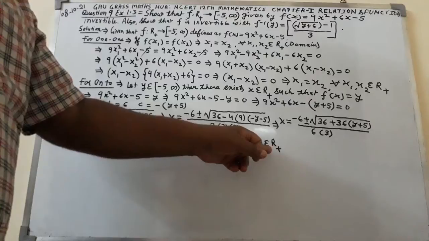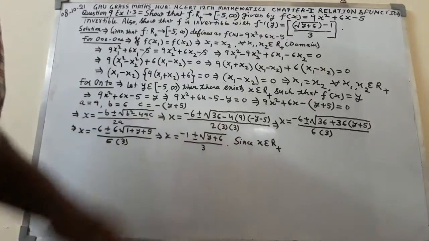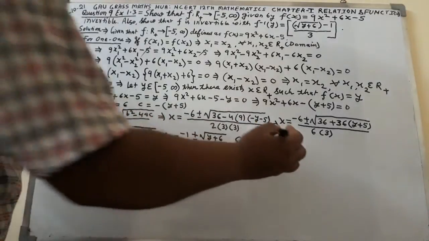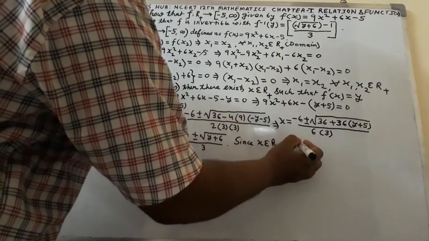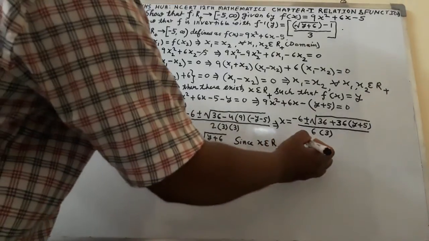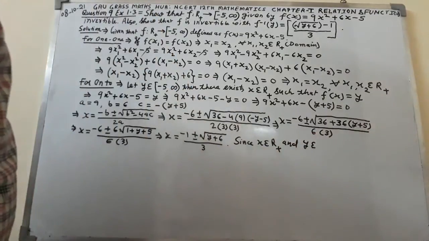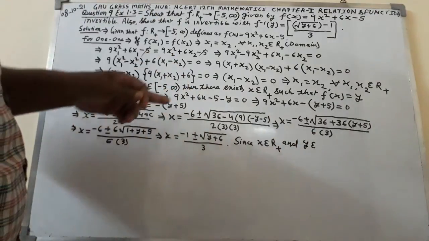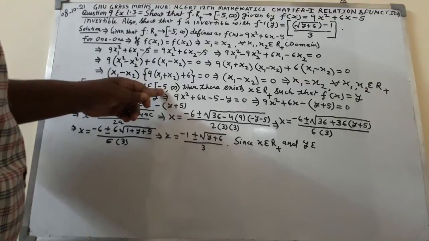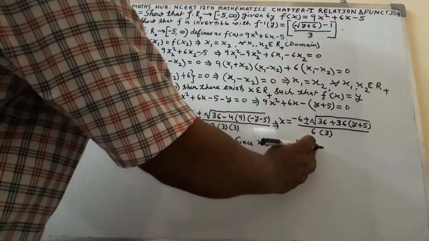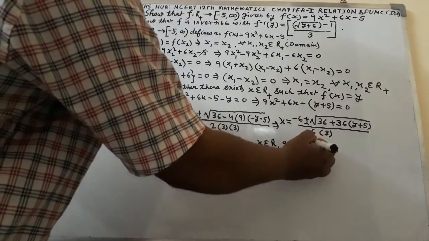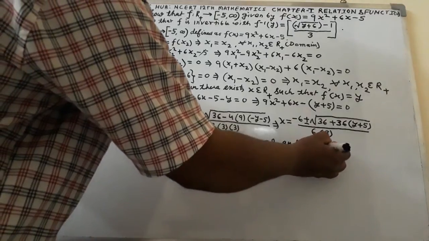So value of x must always be positive. And y belong to, from this place, value of y will be greater than equal to minus 5.